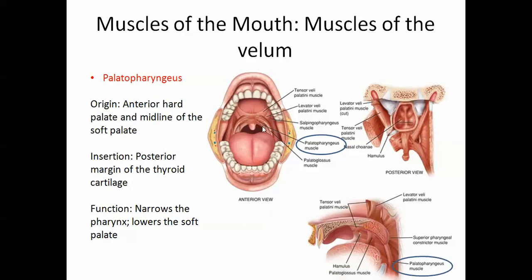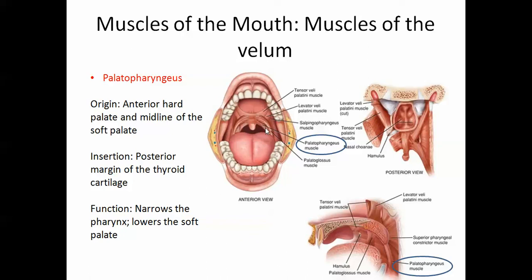All right, then we have palatopharyngeus. Okay, that's the posterior faucial pillar. That's that second arch. And when you have a patient, say you're trying to stimulate their swallow or check their gag, you're going to touch their posterior or anterior faucial pillar, usually their anterior faucial pillar, unless you really can't elicit anything.